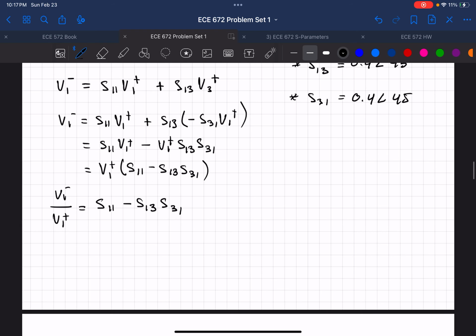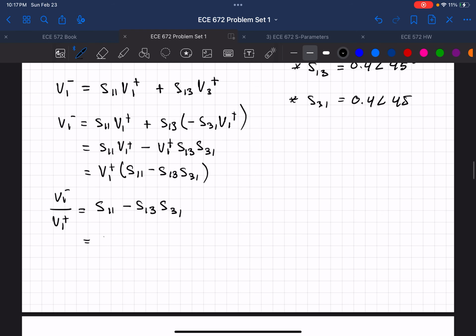So this is 0.178 at an angle of 90 degrees minus 0.4 at an angle of 45 degrees times 0.4 at an angle of 45 degrees. We can add the angles and multiply the magnitudes.